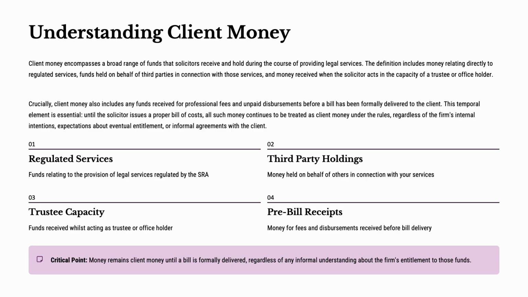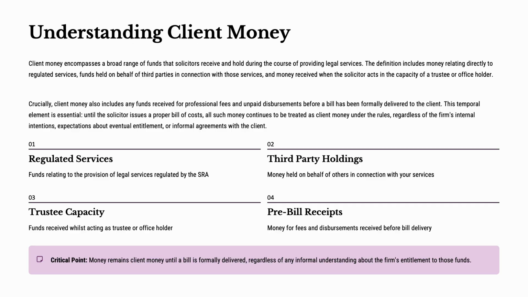Money held for third parties, any third-party money that you need to pay on the client's behalf, or that a third party paid for the client. And money held when acting as a trustee or appointed office holder. It can be in probate matters, or if you're acting as a trustee for a trust. Overall, the money is entrusted to you for a beneficiary, who is your client.